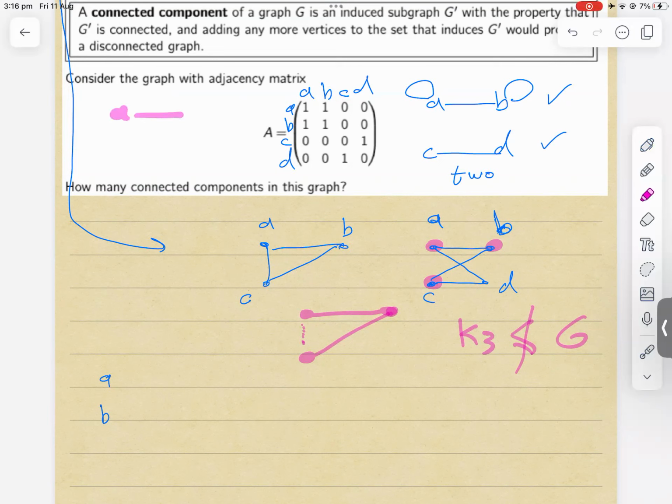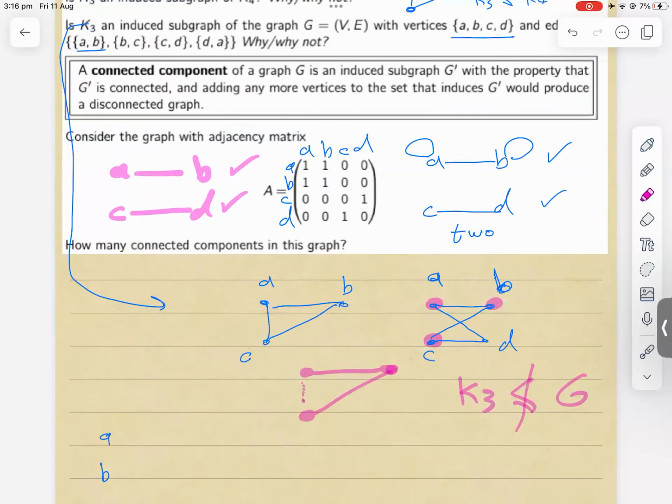A, B, C, D. So one component, one component. Now, if I add any vertex to that, it's not possible, because in the original graph there is not an edge like this.